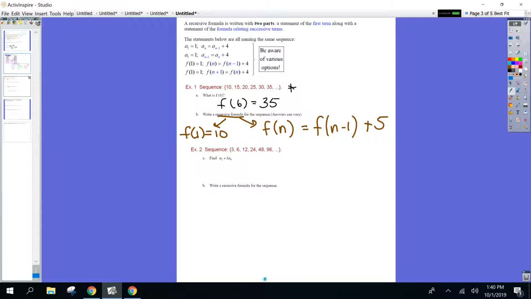Here we go. Next sequence, find A2 plus 3 times A4. I'll let you do that on your own.